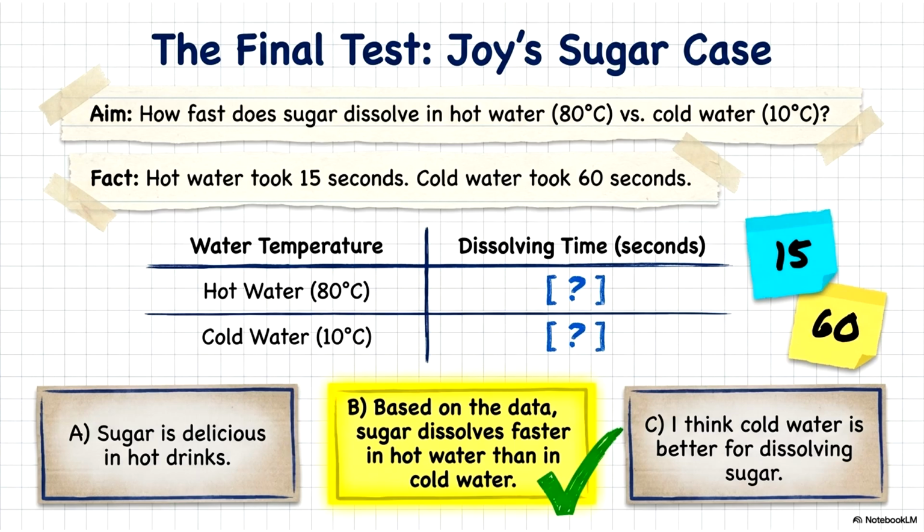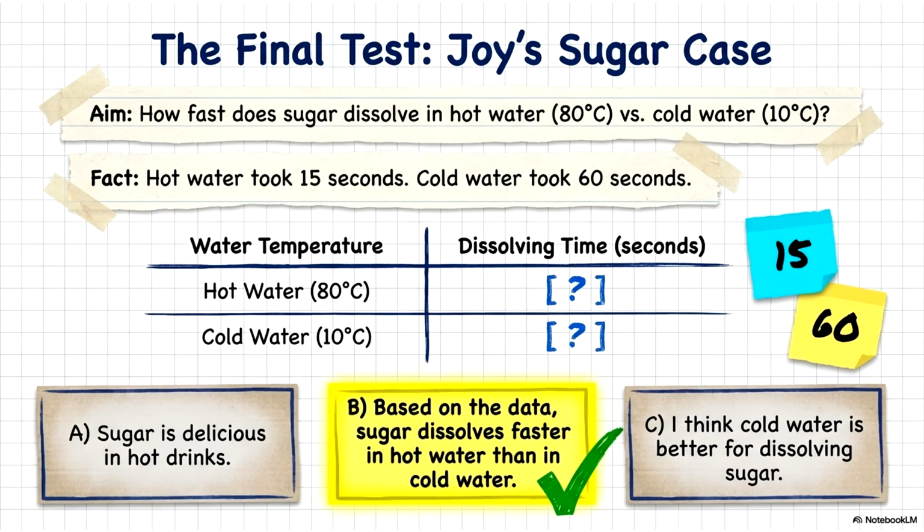Sugar dissolved in 60 seconds in cold water. Let's look at the choices. Choice A talks about sugar being delicious, but that does not answer the investigation question. Choice C gives a personal opinion, which is not based on the data.